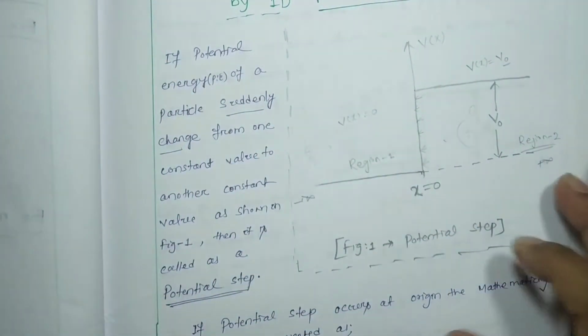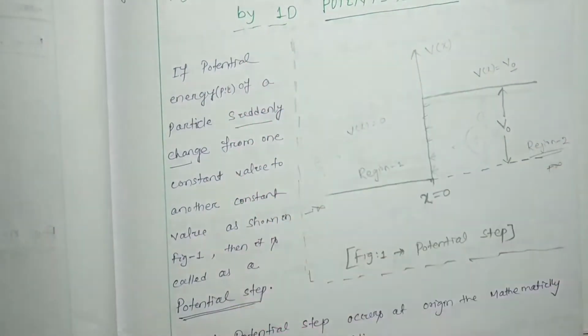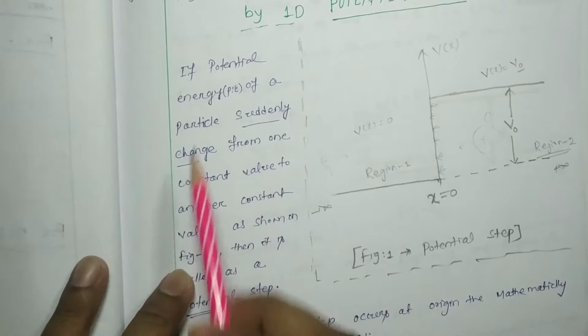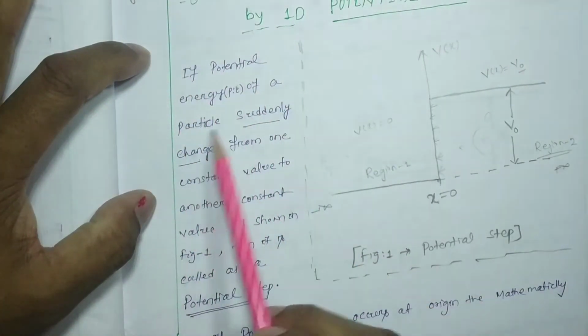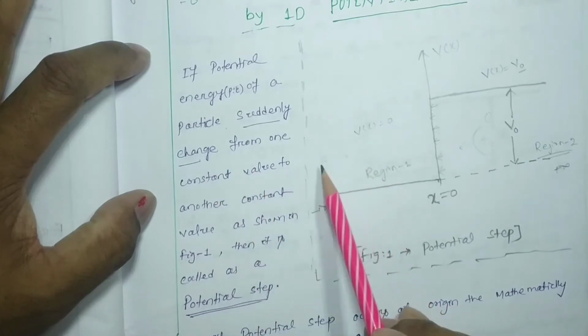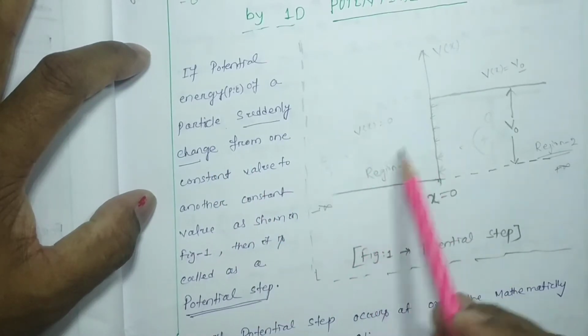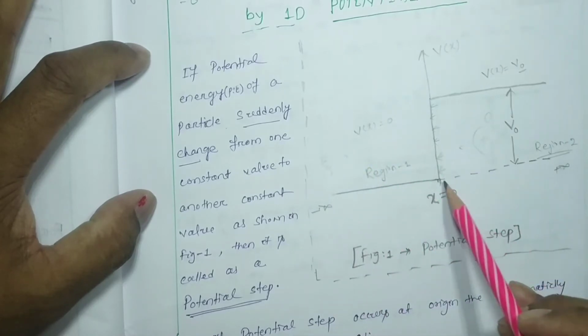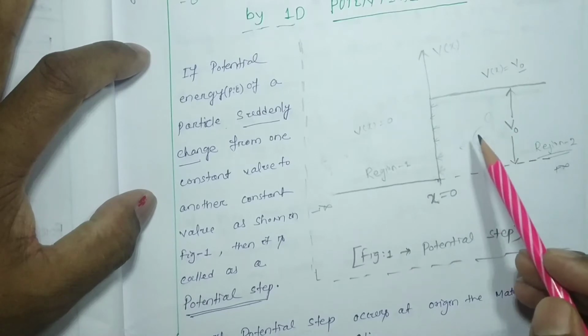Whatever we have discussed is written here. I am just going to read it, you just watch. If the potential energy of a particle suddenly changes, so here there is no force field in this region, but at x equal to 0 and onwards, suddenly the potential energy is increased.